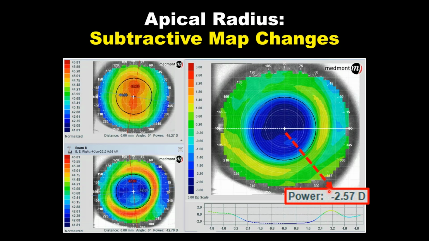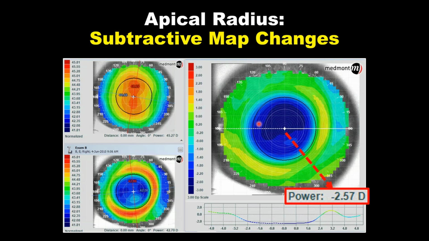So using the apical radius makes a lot of sense because it takes a lot of that noise out of the way, the imperfections in our treatment that may be toward the peripheries of what we can measure within the pupil. And that might be creating aberrations that the patient doesn't know how to interpret, and that may be picked up as minus. So using the apical radius on the axial subtraction is a really valuable tool.